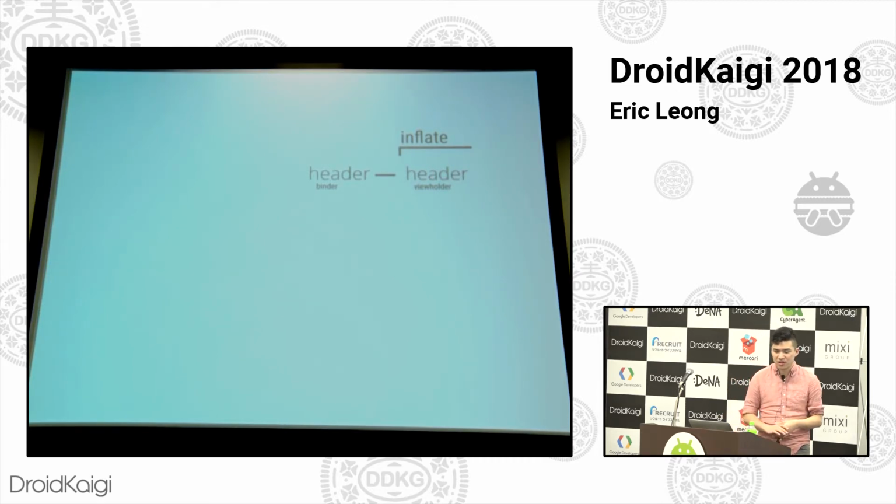So when we inflate, we're going to use that layout ID and just inflate it. A header view holder is not really coupled to the idea of a post or a photo post specifically. And I think this is very different from the way you may normally think about RecyclerViews.